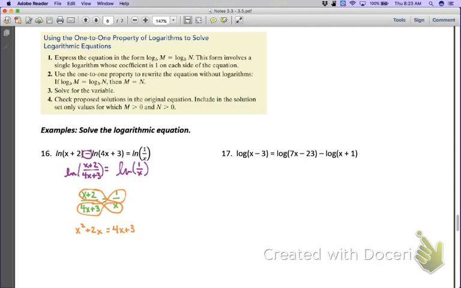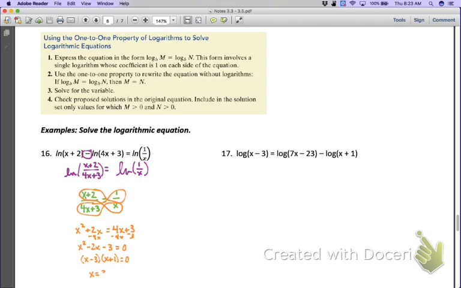Same rules apply. I'm going to move everything over to one side, and I am going to subtract 4x. And I'm going to have negative 2x, and I'm going to subtract the 3. Factor everything out and have x minus 3 and x plus 1.